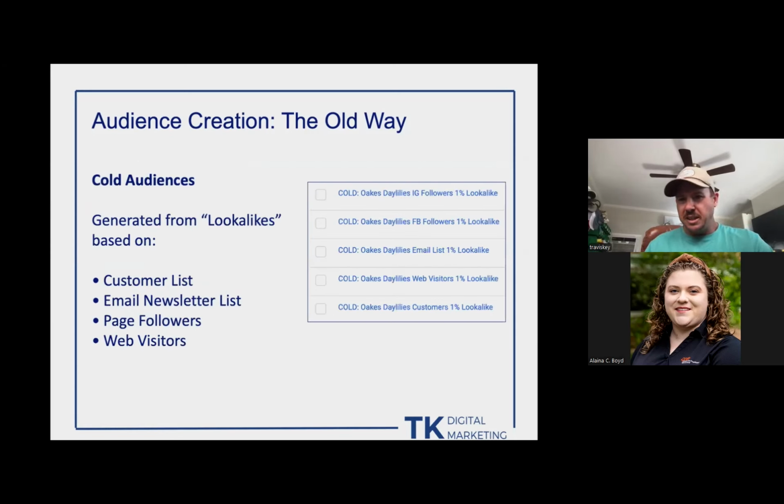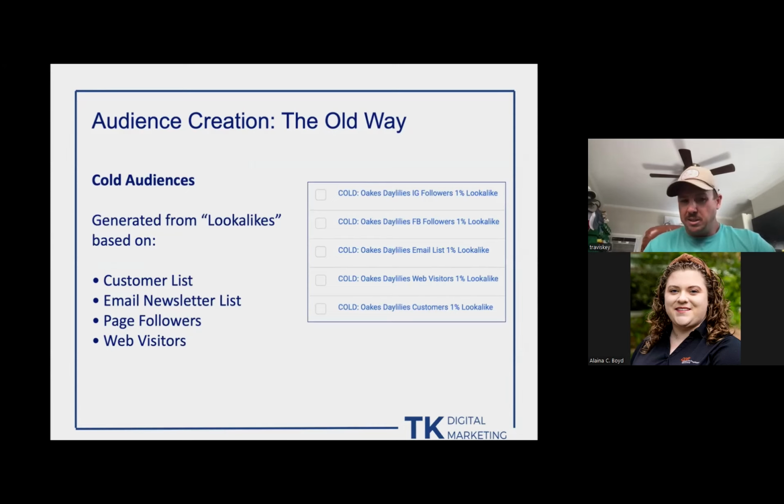And then within the actual Meta platform, I'll give you an idea of how we establish these segments here. So for the cold audiences, we use this lookalike feature that Meta provides. You basically upload a list, and then Meta uses all their data to create a lookalike audience. So you can upload things like your customer list, your email newsletter list.